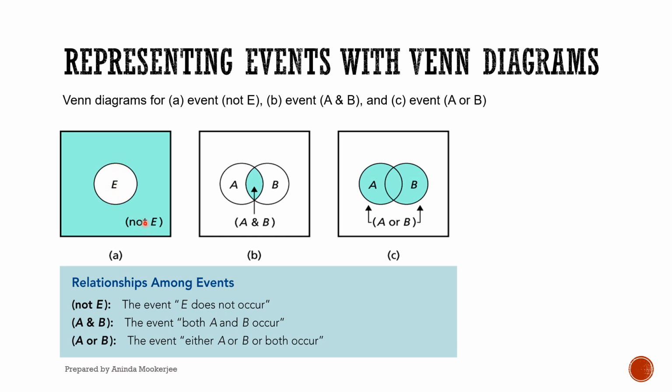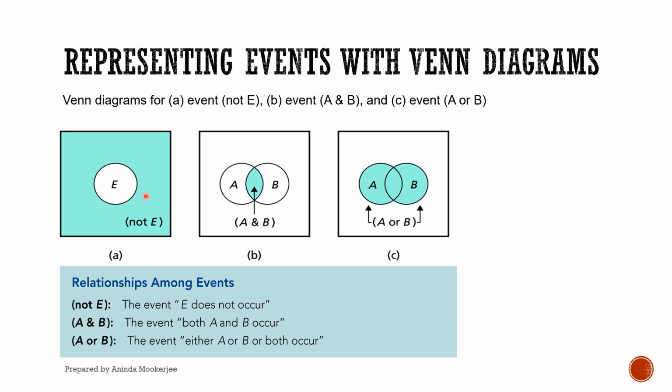When we say not E, that means everything else can occur except E. So the box represents the sample space or all possible outcomes, and E is one of the events in that sample space.